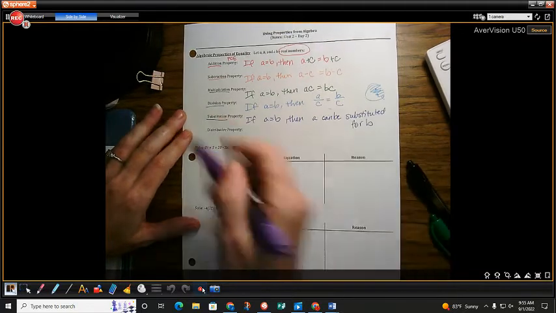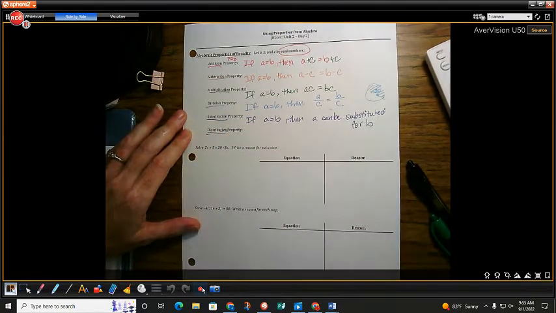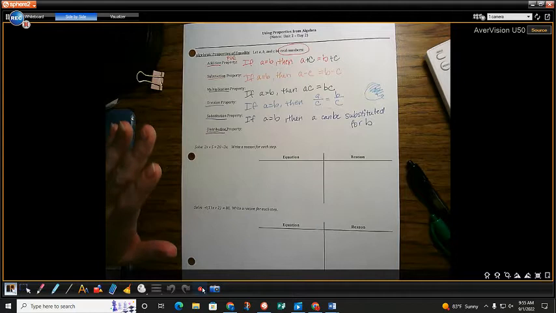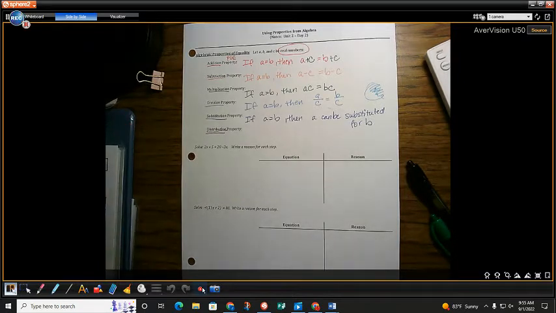Distributive property. Y'all know this one. This is the only one that's not written if-then. This one just tells you the two different ways a thing can look, and you just have to know that that's what happened.